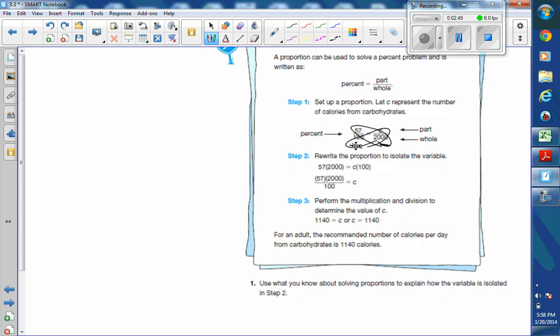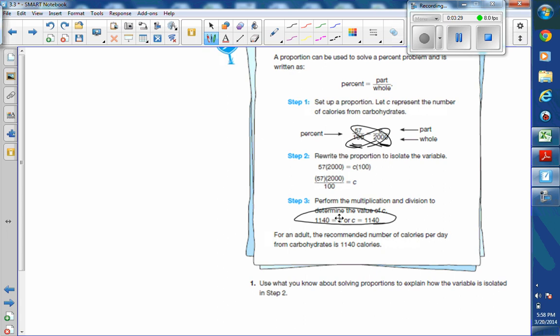So step 3, perform the multiplication and division to determine the value of C. Once you have set up your proportion, 57 over 100 equal to the part C over your total 2,000, you can rewrite the proportion to isolate that variable, do your multiplication and division, and you would get calories that should be carbohydrates would be 1,140. So for an adult, the recommended number of calories per day for carbohydrates is 1,140.